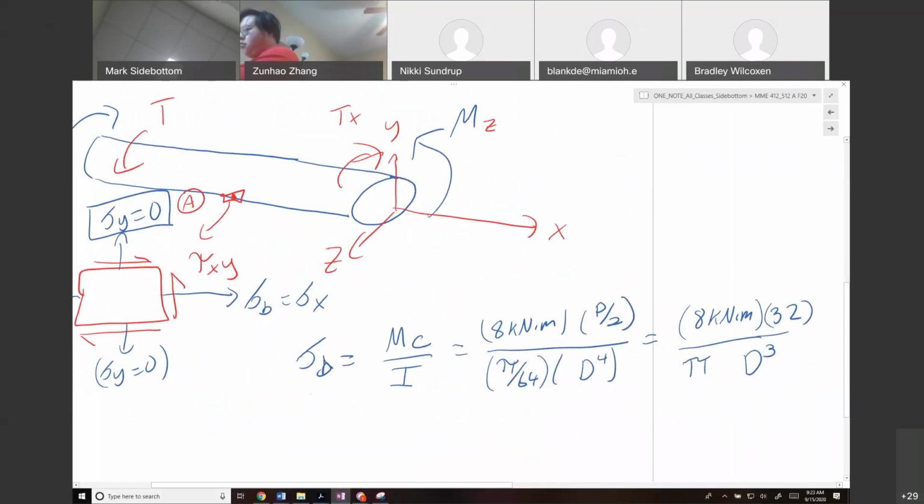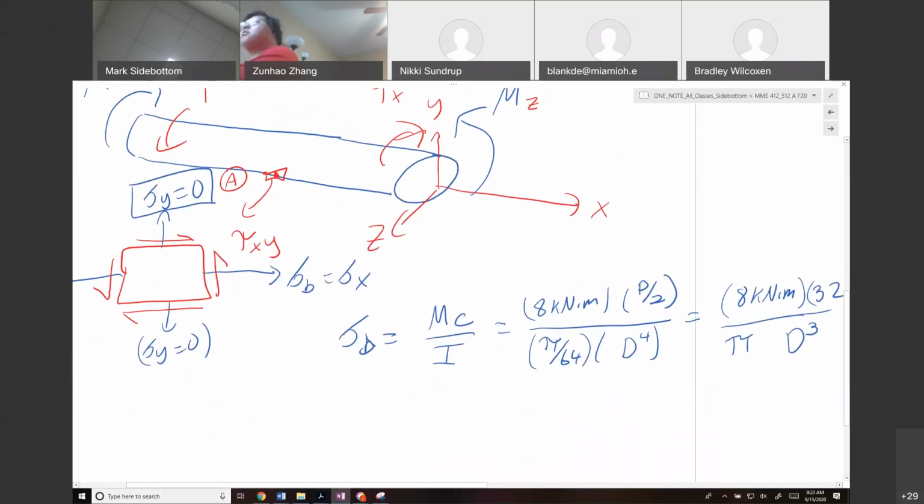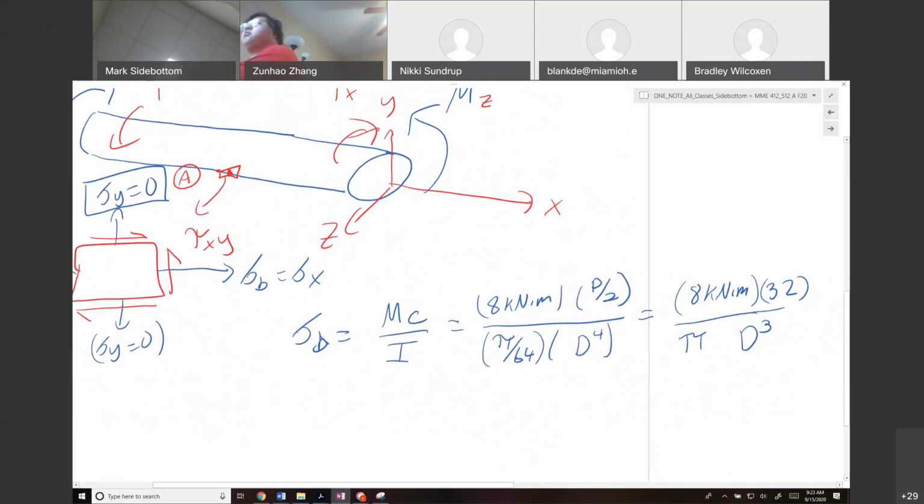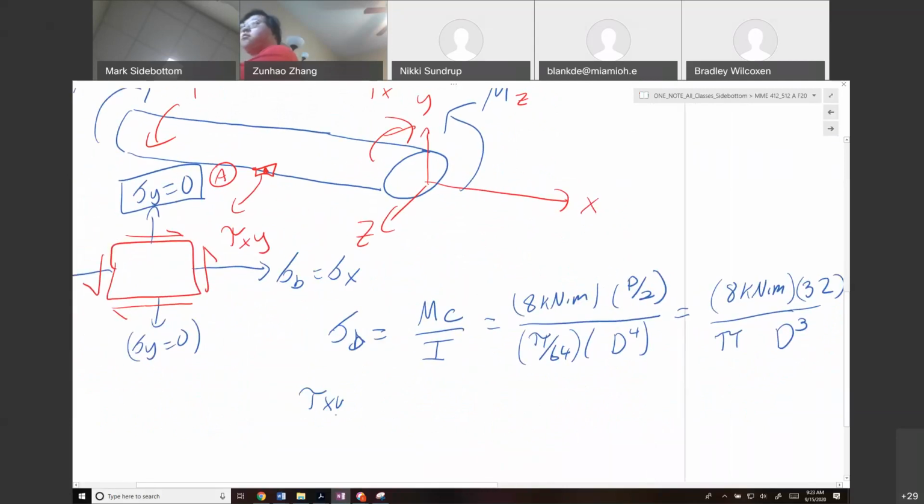We can do the same process for the shear stress, tau xy. For an applied torque, tau xy is equal to TR over J. Our torque was given to us as 24 kilonewton meters.